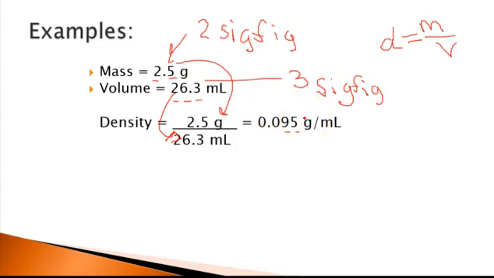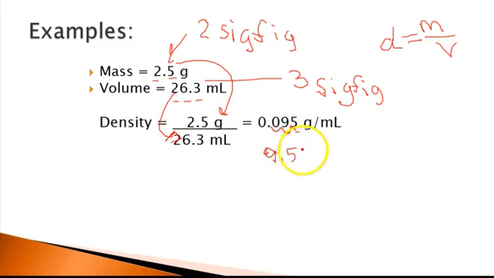If you take 2.5 divided by 26.3, you don't end up just at 0.095 here. You end up with 5, 7, 0, 3, 4 after that. Why did I only give 2 significant figures? Because my lowest number of figures in the question was 2. Another way to write this would be 9.5 and then how many places? 1, 2.